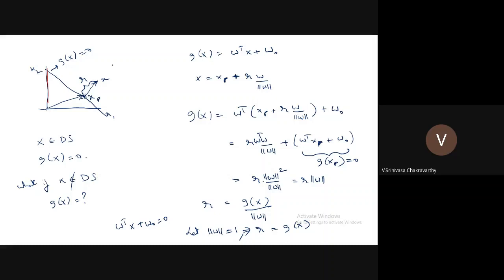You'll get some number. That number tells you how far the point is from the plane. When the point is on the plane, g of x is equal to 0, which makes sense because the point is at 0 distance from the plane. But when the point is off the plane, g of x is non-zero, and its magnitude tells you how far the point is from the plane.